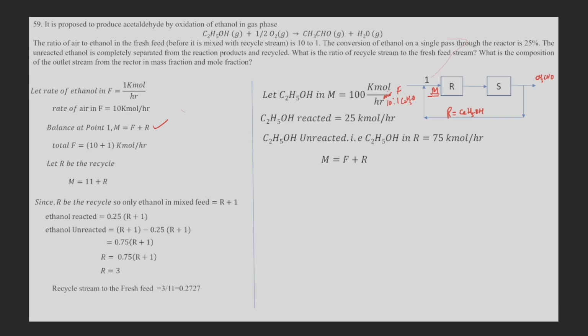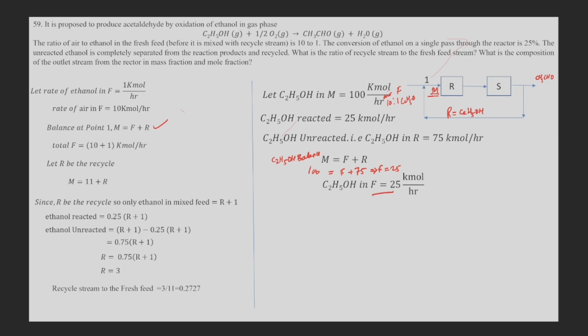If I make a balance on point 1, we are making an ethanol balance. C2H5OH in M is 100, so 100 is equal to F plus R, where R is 75. So F is equal to 25.